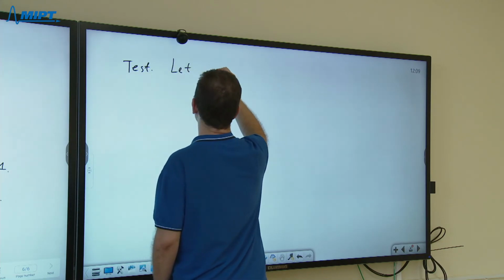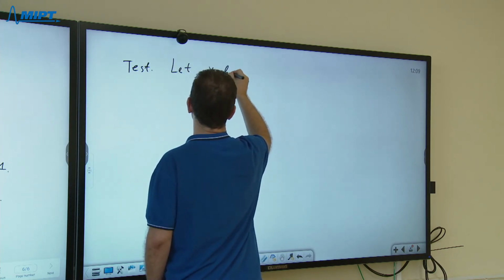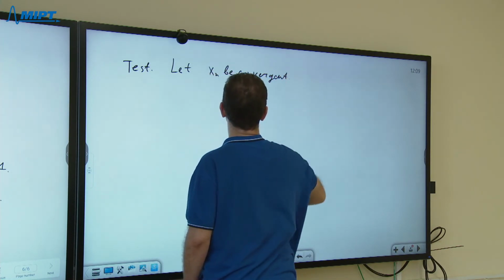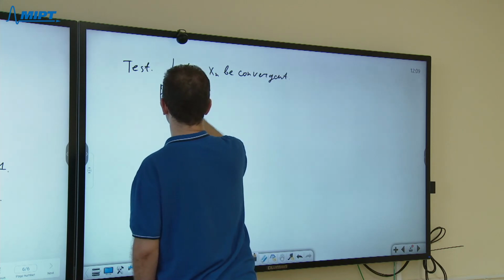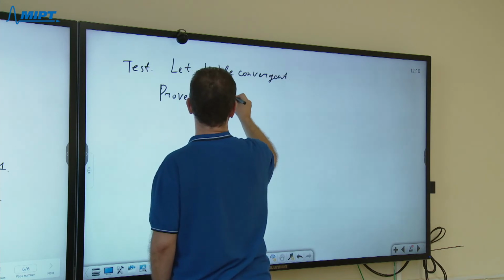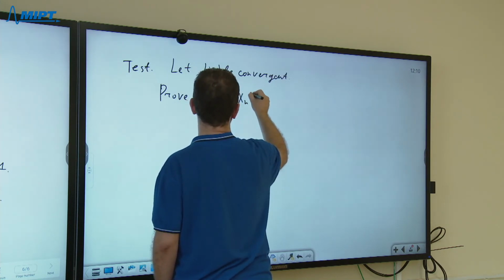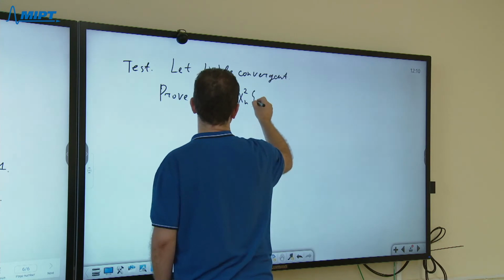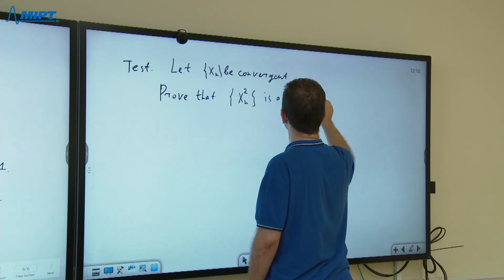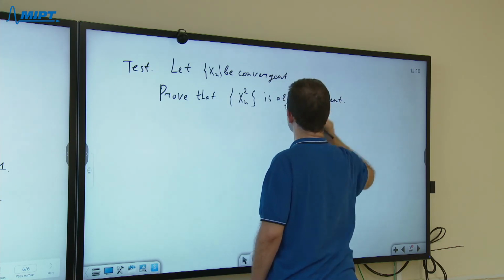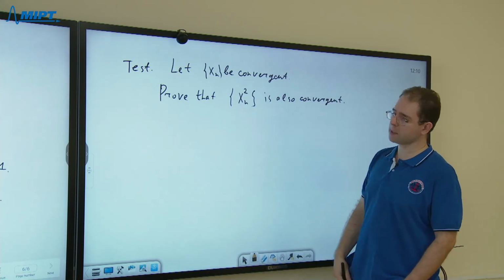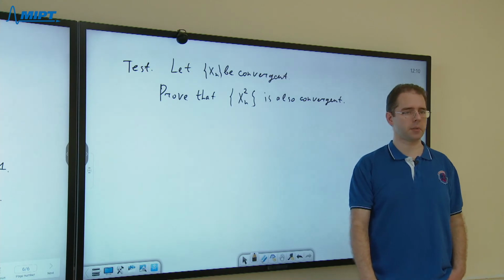Let a sequence xn be convergent. Prove that the sequence xn squared is also convergent. So, a very small test, solve it and send me by email.